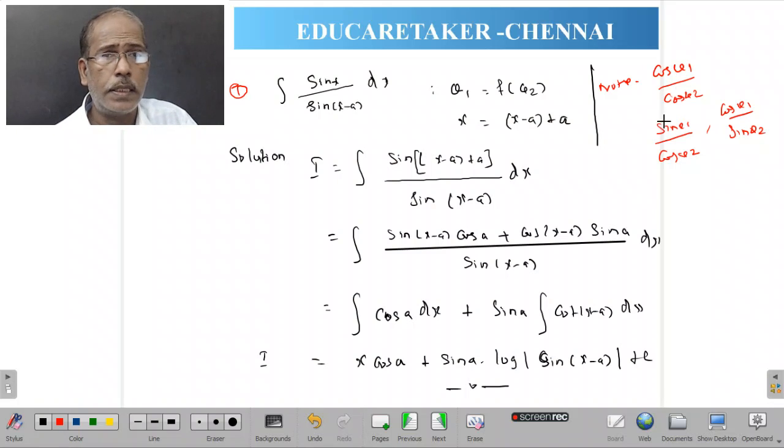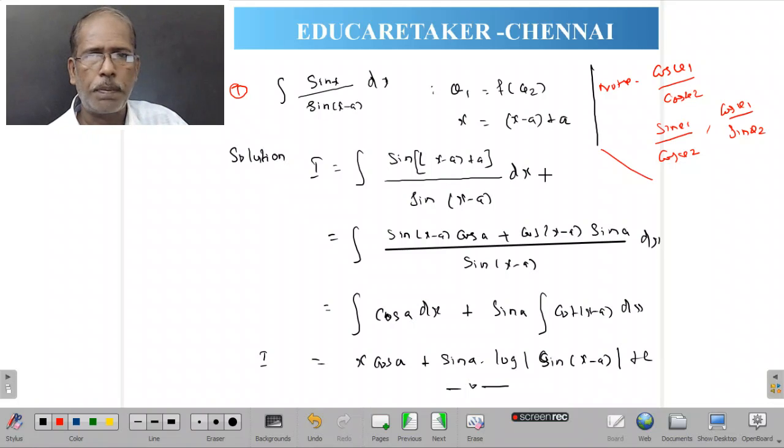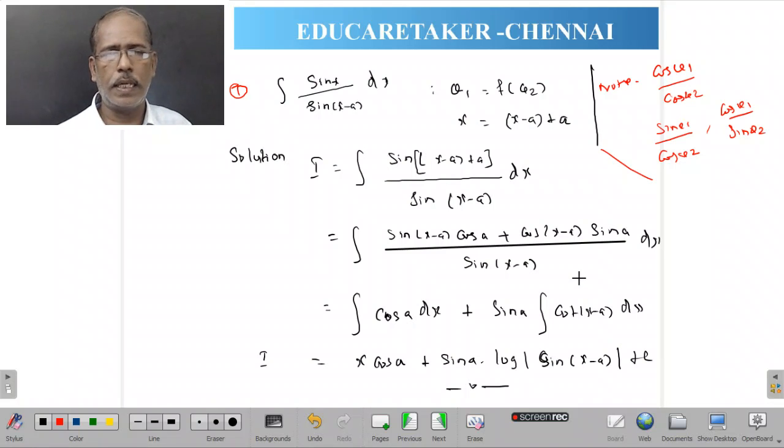Different combination, different angle. So we have to write the first angle in terms of the second angle. You can apply the same method to get the answer. Okay, copy it. We'll go to the next question.